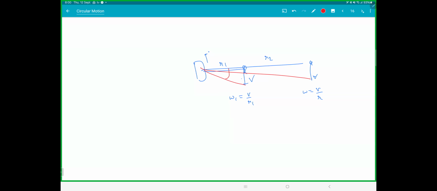No, it's not that clear. Wait, I think I have to switch on my fan only. I'm not sure. Let's see. There, Devansh's fan is visible. Look at Devansh's fan on the screen.